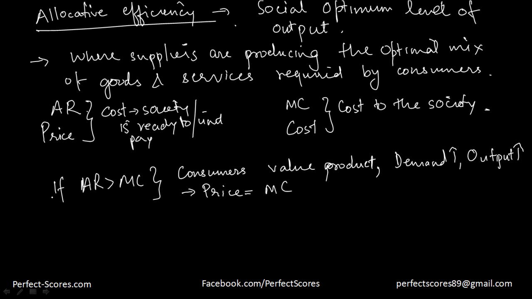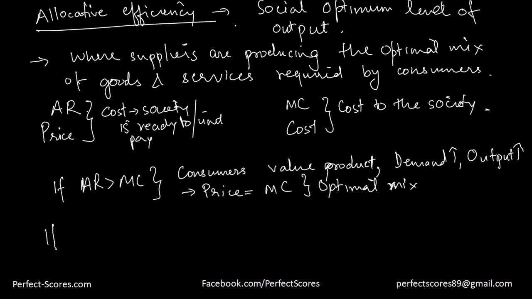I'll repeat: if average revenue is greater than marginal cost, consumers value the product more than its cost, so demand and output will increase and the price will decrease till it reaches marginal cost, which is the optimal mix.